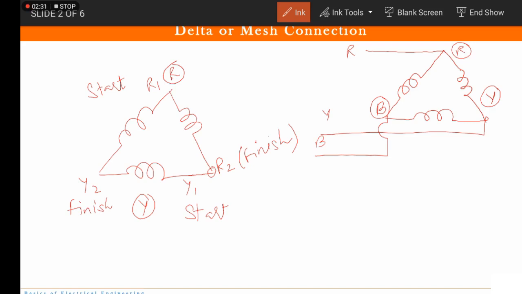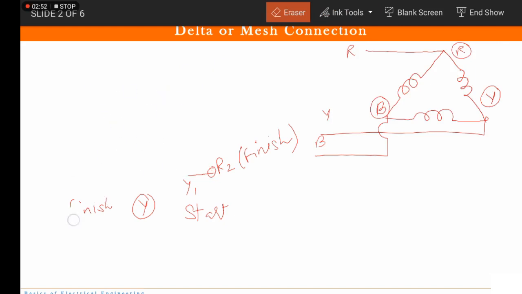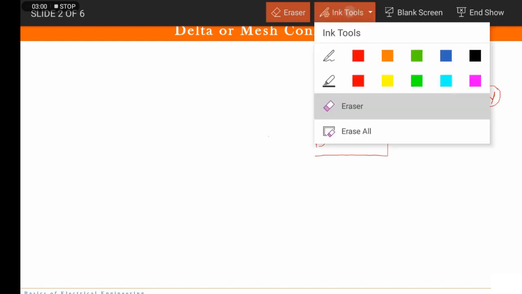Again, we are going to see a balanced delta connected system, right? So all the phase voltages are equal in magnitude, but they have a phase difference of 120 degrees. Now, if you talk about Kirchhoff's voltage law, we know that the sum of all the voltages in a closed loop is zero.